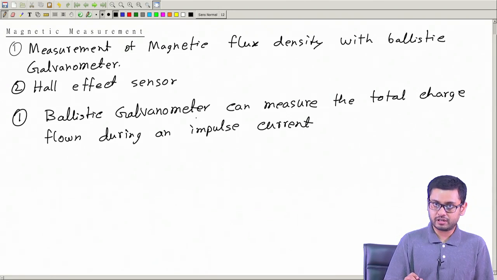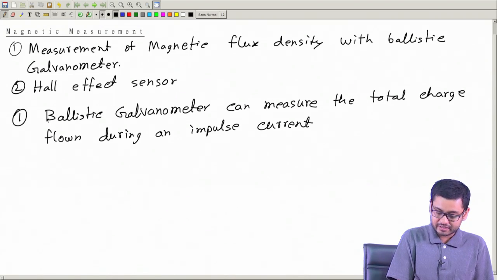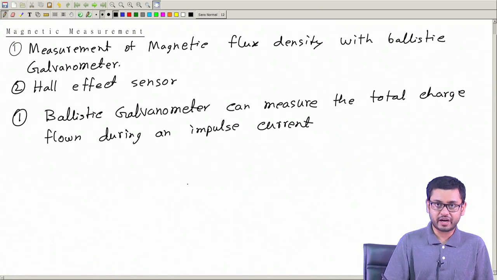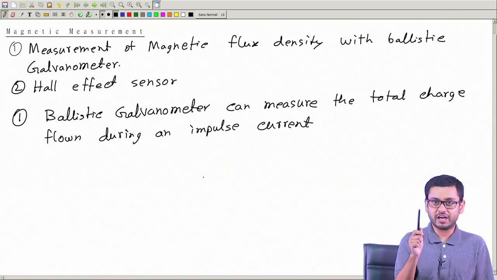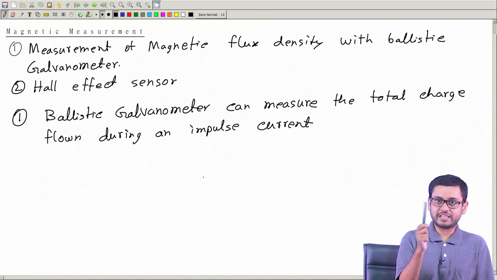Just recall what we have studied, go back to our first week. If we connect the ballistic galvanometer in series with this impulsive current, then the pointer of the galvanometer will get a throw, will start to oscillate.